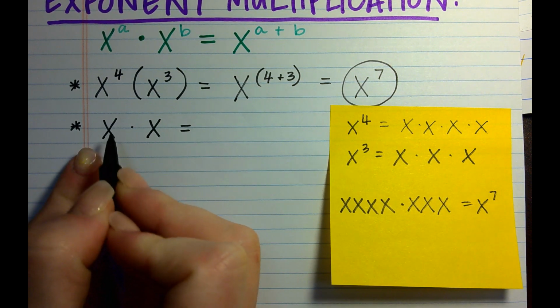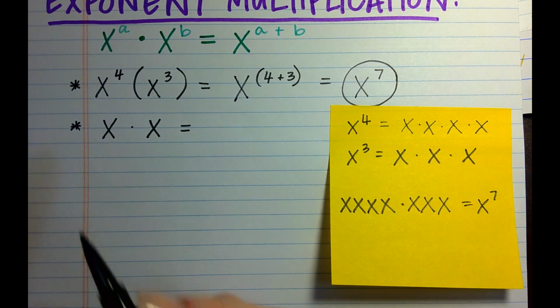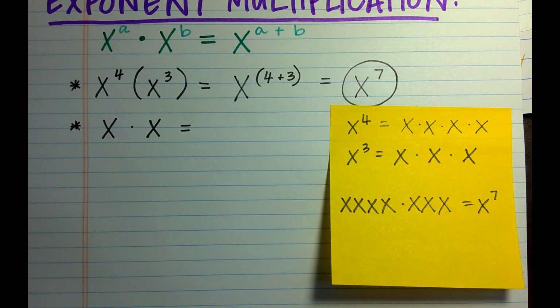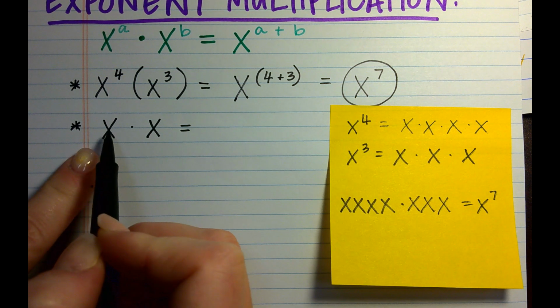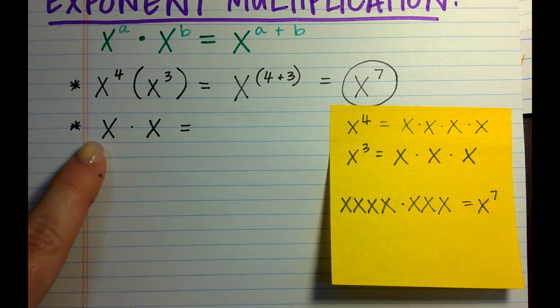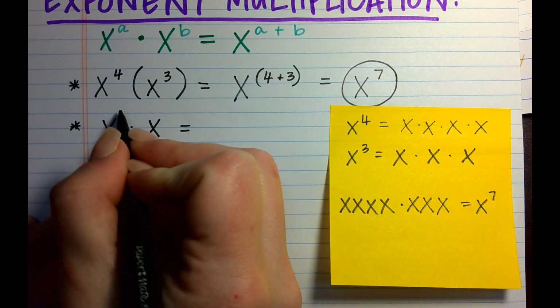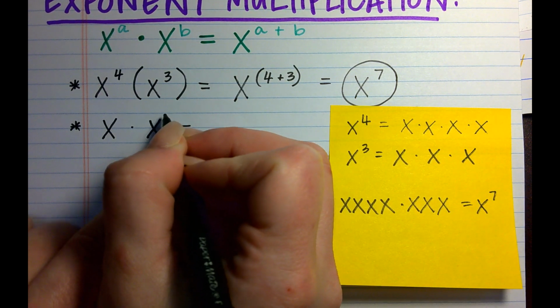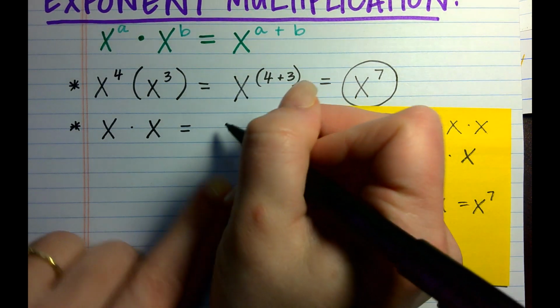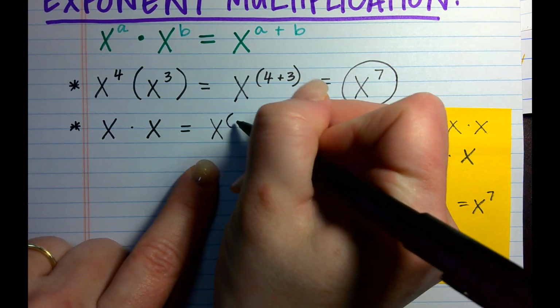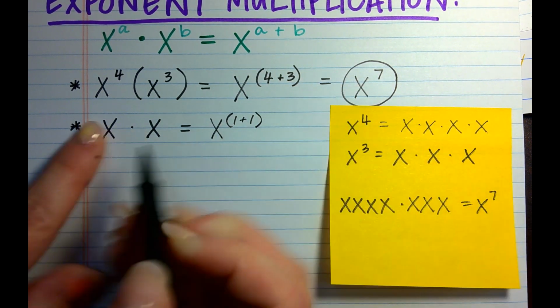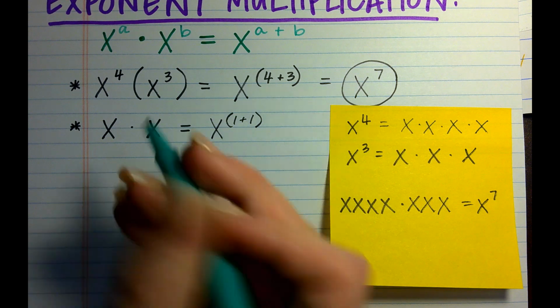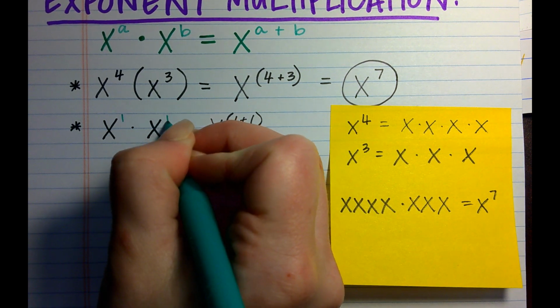When you don't see a number for an exponent, you can assume that exponent is actually 1, because I have x 1 time here. So x to the 1st power times x to the 1st power is just like x to the 1 plus 1, because there is an invisible 1 here.